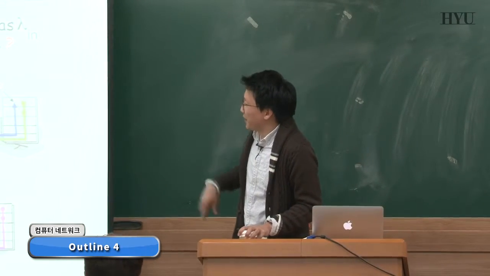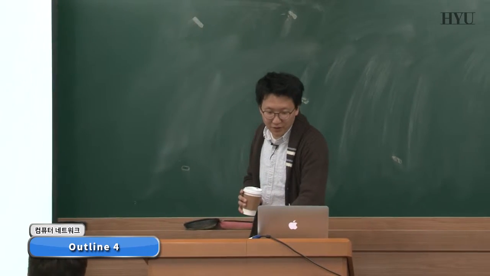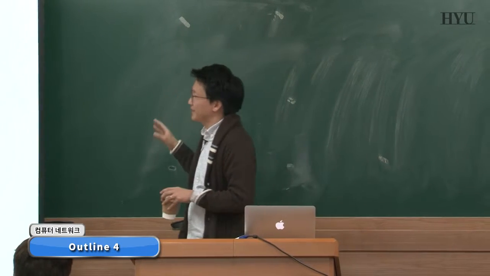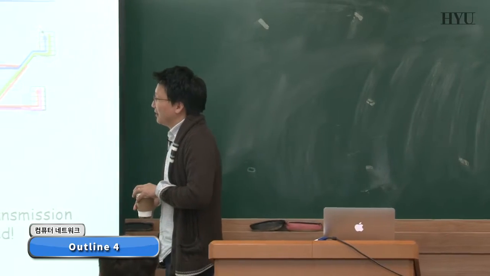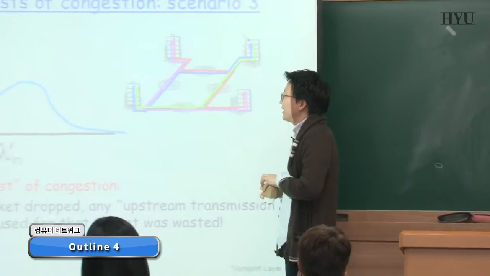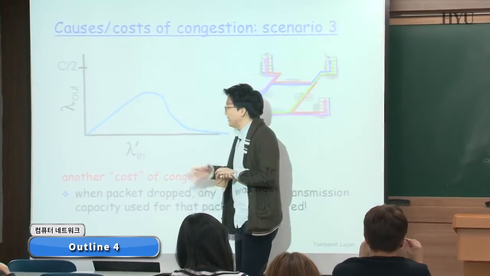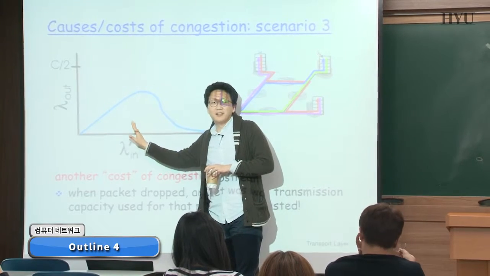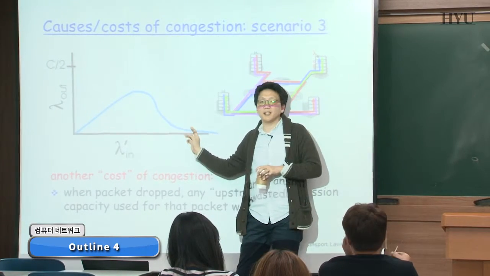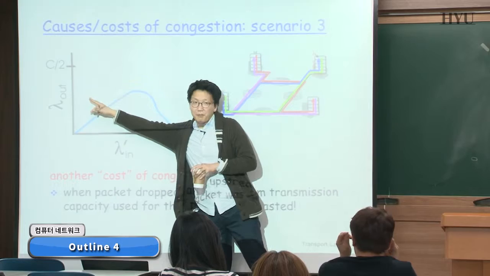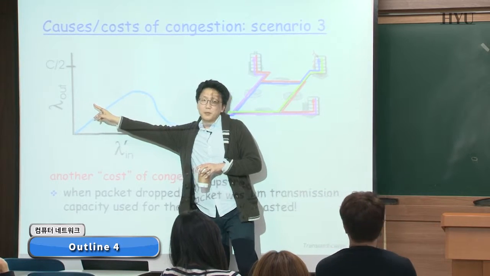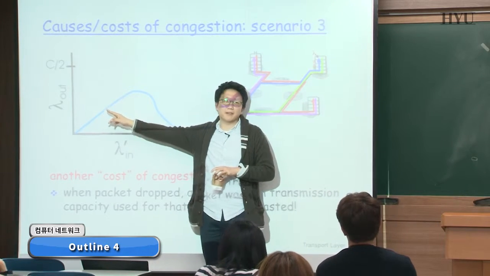Well, it's pretty much what I have said. What I wanted to get to is what's actually happening. Because of the congestion, after a certain point, it doesn't matter how much I'm sending, the receiver will have difficulty receiving the packets.